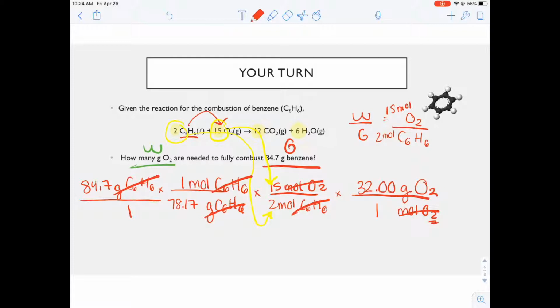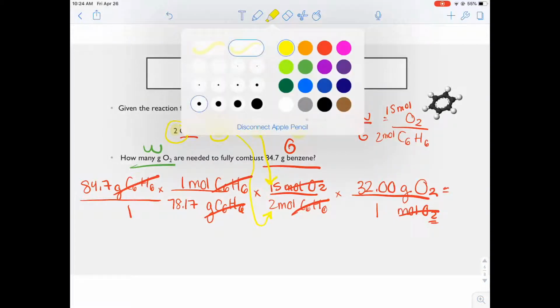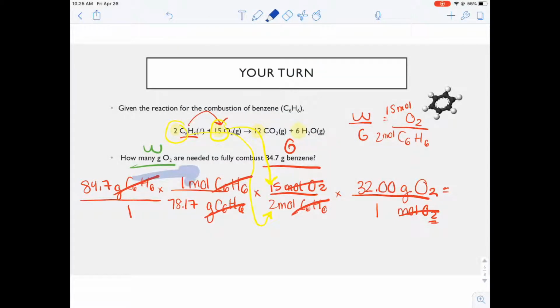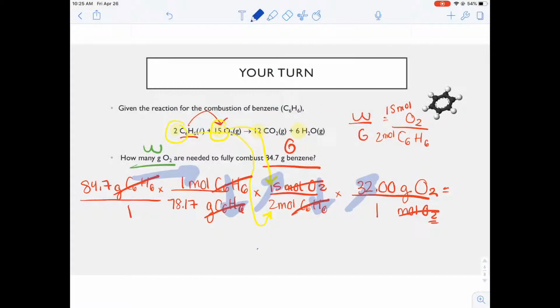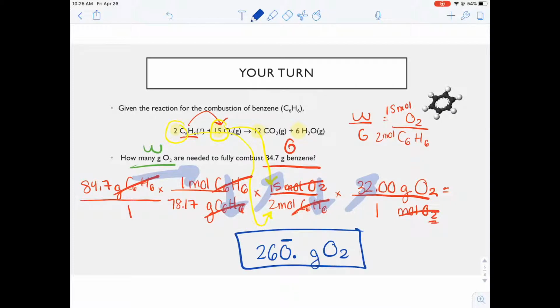Moles cancel. We're left with the right thing. Plug this into our calculator by multiplying, divide, multiply, divide, multiply. Divide by 1 technically. And your answer is 260 with a decimal after, or you could have put a line for sig figs, grams of oxygen.